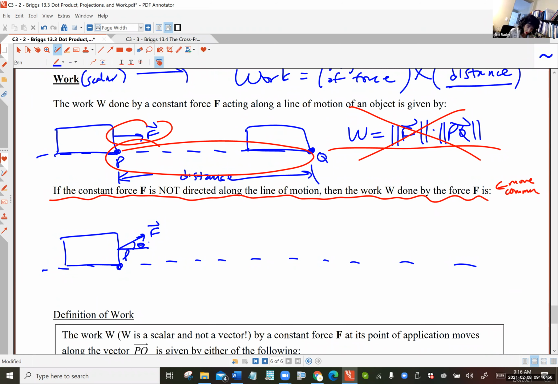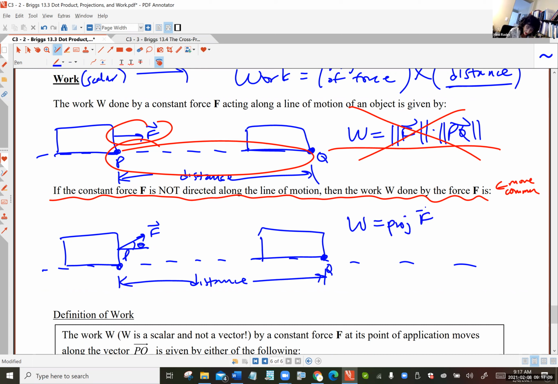Let's say the granite ends up over here again, so you're still going to have a distance here. That's not going to change. Your work is going to be the projection of F onto the ground, or the PQ vector, take the magnitude of that times the distance that the object moves.